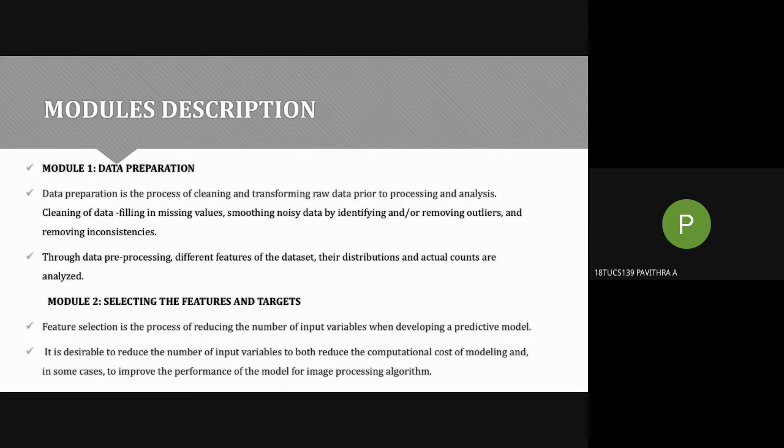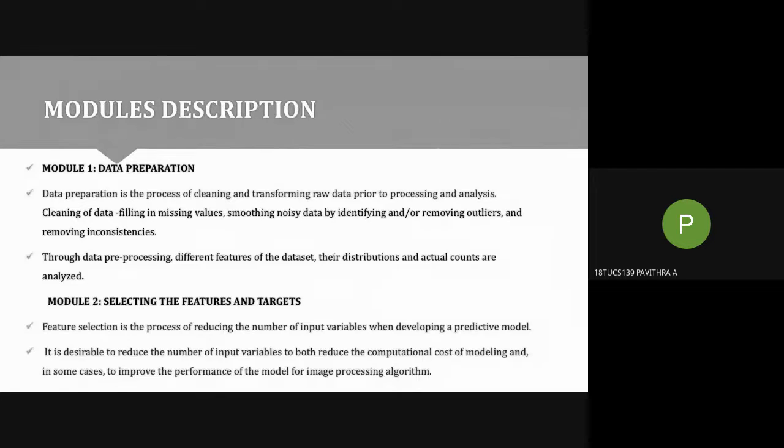Data preparation is nothing but... sorry, ma'am. If the data is invalid, the algorithms produce less accurate results and lead to misleading outcomes. So, in order to overcome that, we go for data preparation.